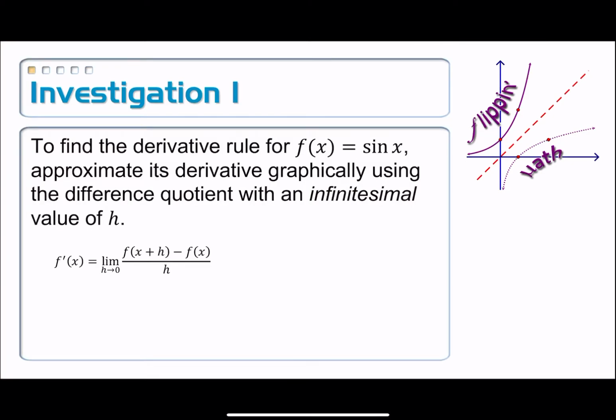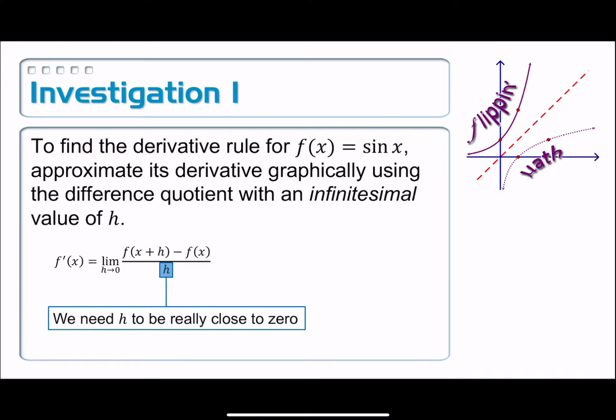Okay, so we're going to start off with an investigation very similar to how we did the exponential function. To find the derivative rule for f of x equals sine x, approximate its derivative graphically using the difference quotient with an infinitesimal value of h. Here we have the limit definition of the derivative, and we want to approximate this by choosing an h value that's really, really small, infinitesimal, like 0.001.